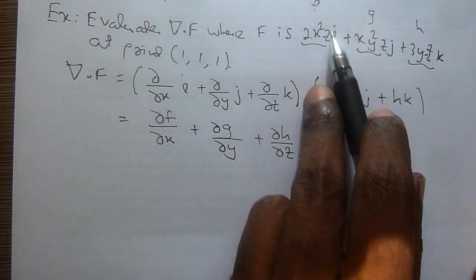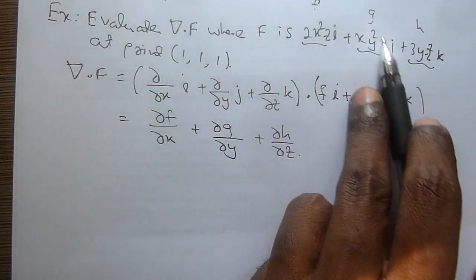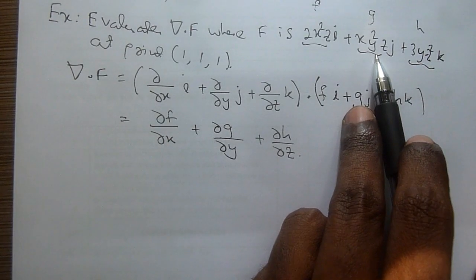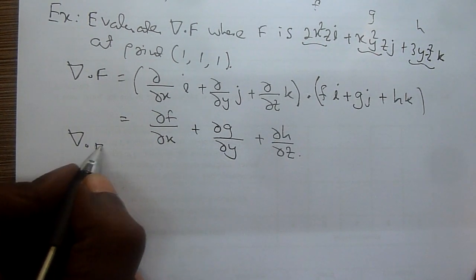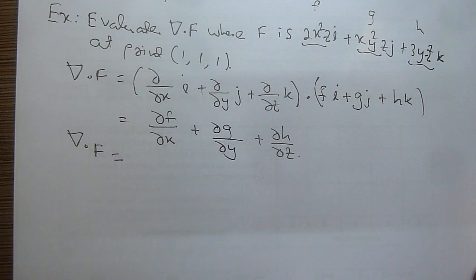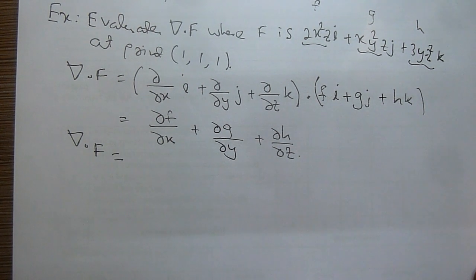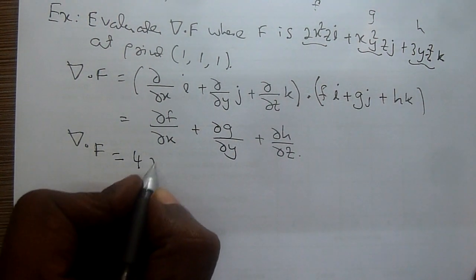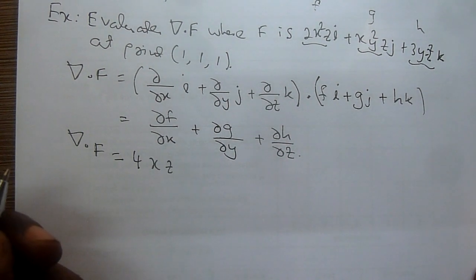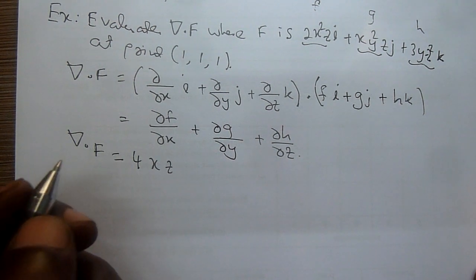Now you know separately you can differentiate partially. Therefore del dot F, in a simple definition, you can differentiate this to 4zx.